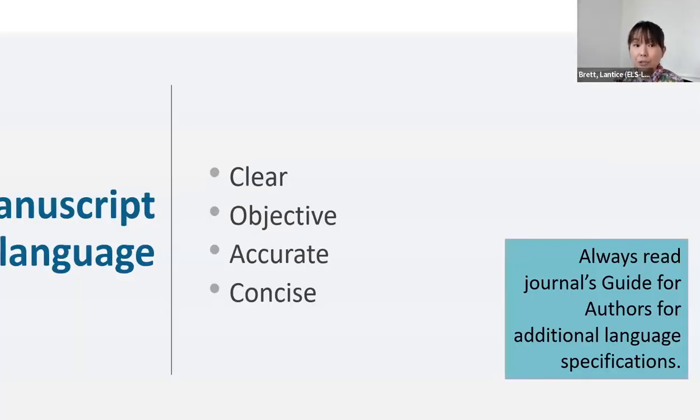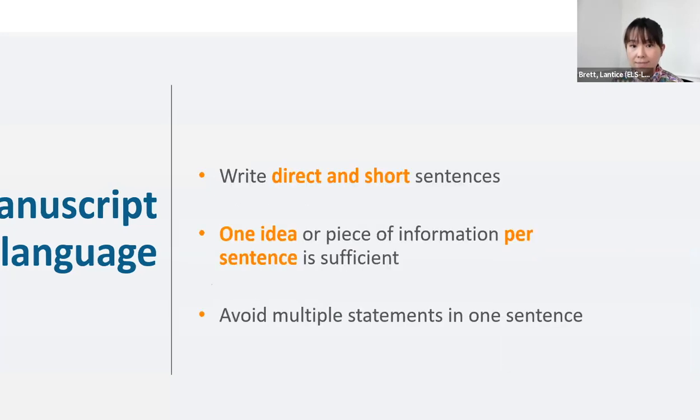So the language you should use for your manuscript is clear, objective, accurate, and concise. Always read the journal's guide for authors for additional language specifications. Some journals may request only American English. Some journals accept American English or British English, as long as you're consistent.